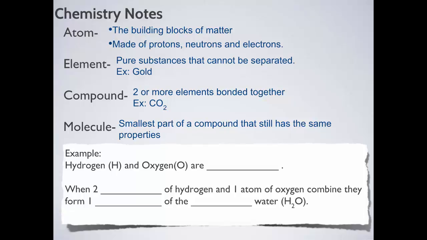So if we put all this together, hydrogen and oxygen are what? What is the term we would use for those things? Dean? Elements. They're elements. This goes along with what Jake was just saying.